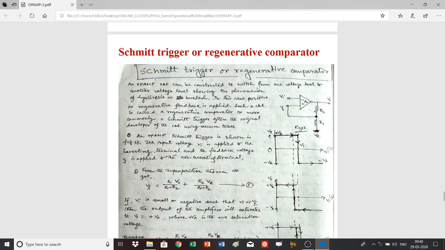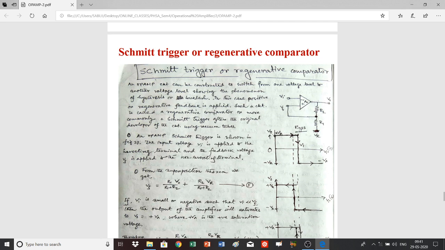In this type of comparator, you will find that switching action, and that switching action will occur when you change from one voltage level to another voltage level. And in this case there will be a hysteresis in the voltage profile.